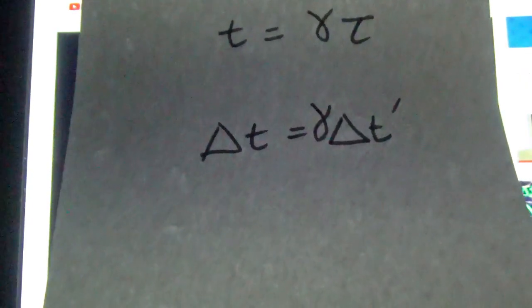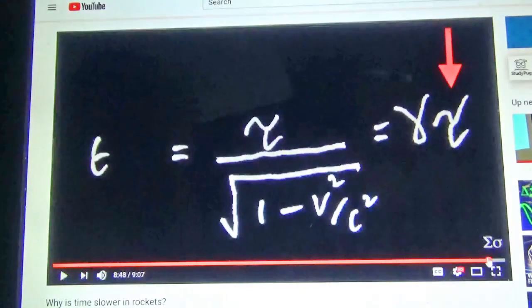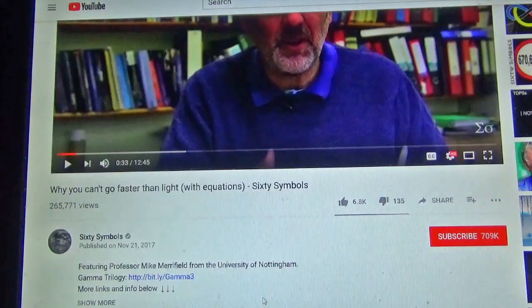And so when we go back to the other video, we should remember that. Here we go. So back to his other video, why you can't go faster than light with equations.